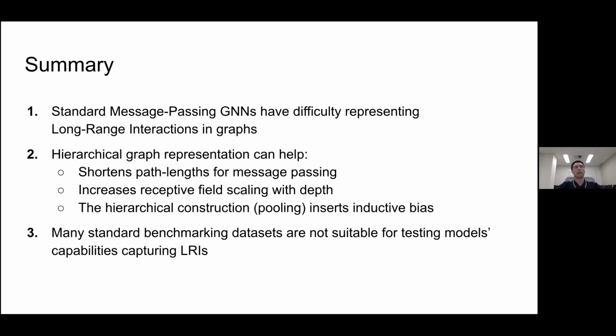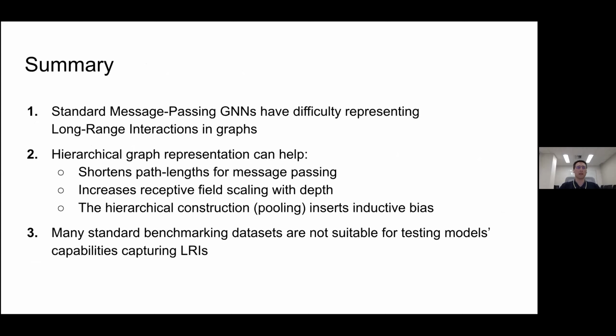So we've seen that the standard message passing GNNs have difficulty representing the long-range interactions in graphs, especially because of the bottleneck issue and oversmoothing issue. And hierarchical graph nets can help with this by shortening the path lengths over which the messages have to be passed if this hierarchy is well constructed.